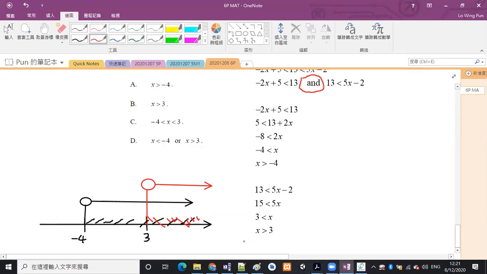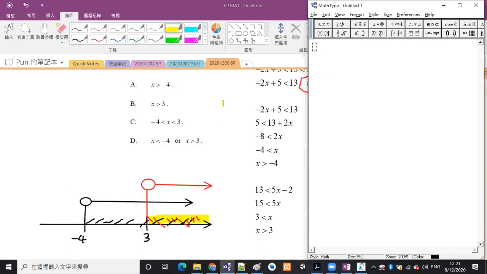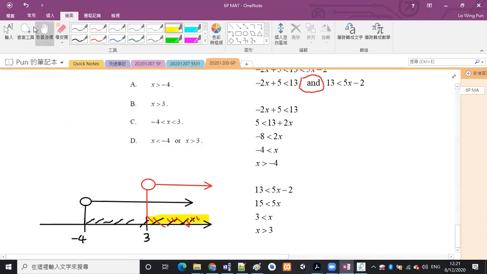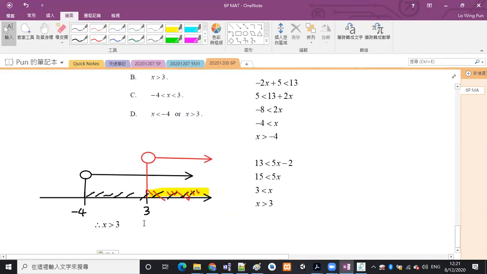Then we are going to find the overlapping region. That is the common region. Okay, the common region is this part. Okay, so it is just on the right hand side of the number 3. Therefore, the answer should be, okay, the result should be x larger than 3. Okay, from this. So the answer is option B.